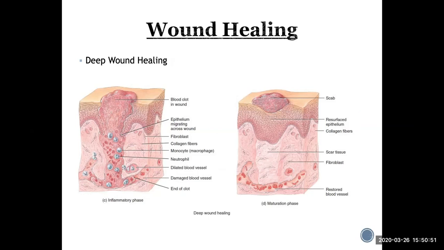As an example, would deep wound healing be considered something extreme, like a stab wound? Technically, yes, because it goes through the epidermis into the dermis, even though it extends deeper than that.